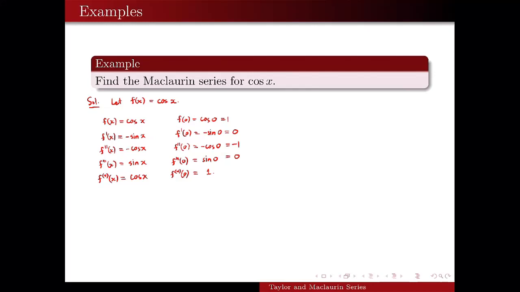Correct? So, how do we see that? The 4k-th derivative of f of x is always cosine x.